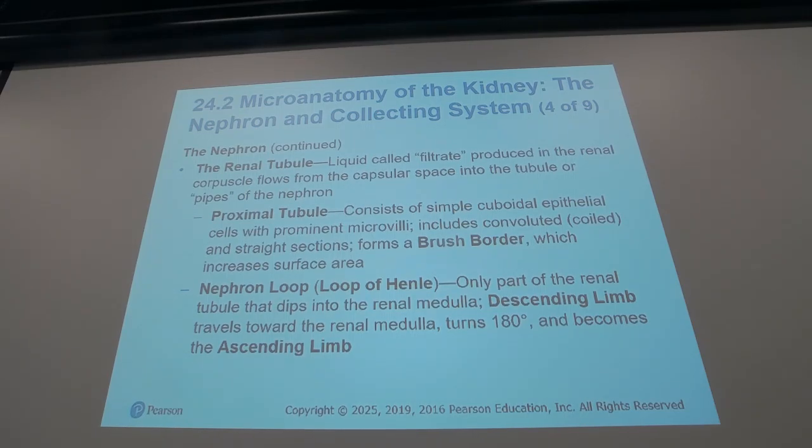So what's the function? Absorption. So then in this PCT, we have a bunch of microvilli because that's the area where we absorb the most in the kidneys. So that increases the surface area to absorb more.